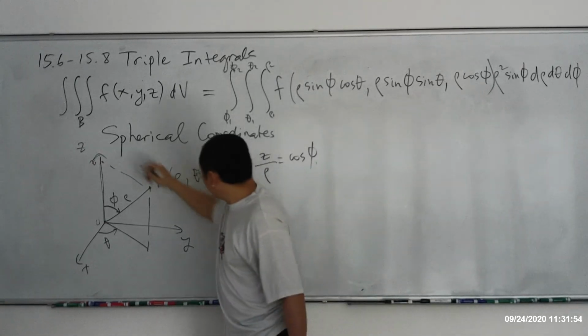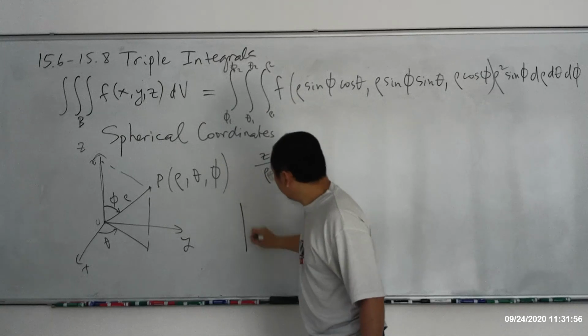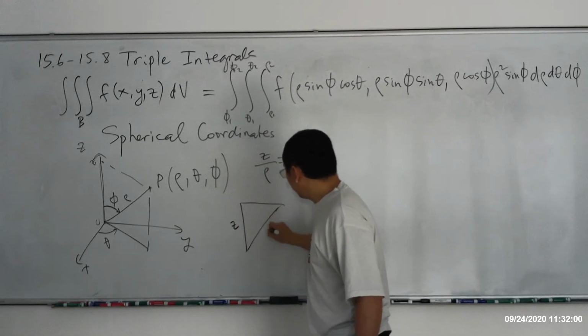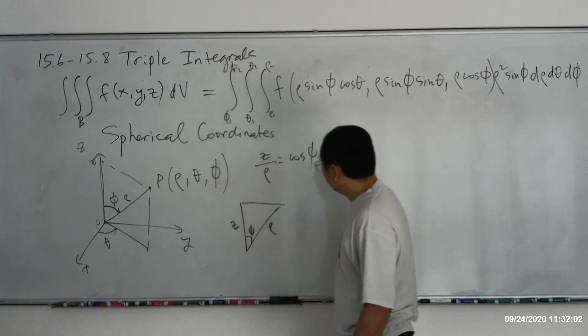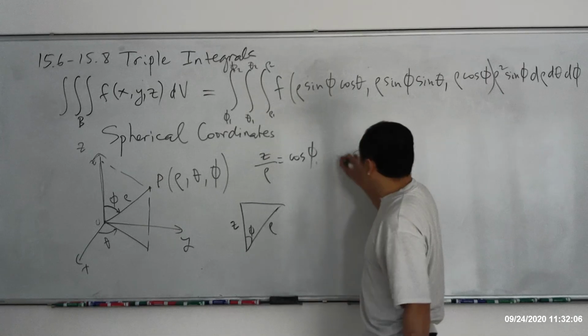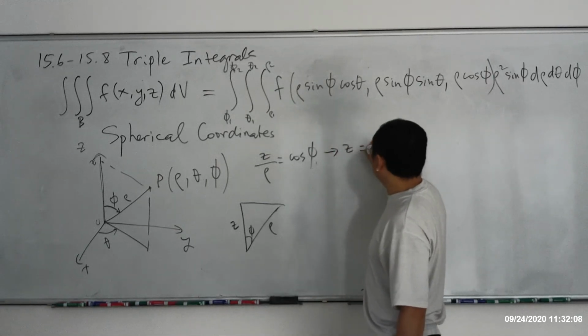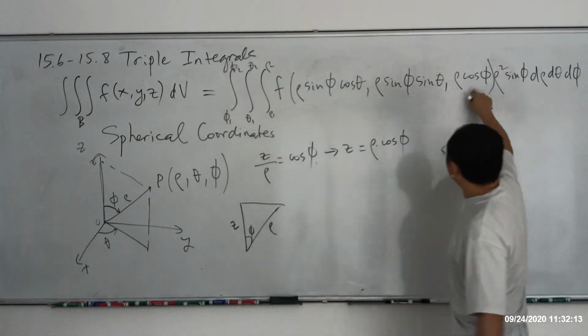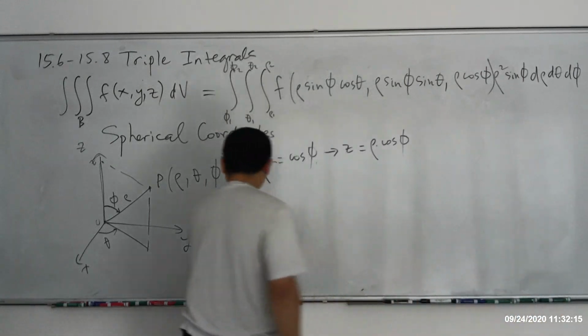Let me draw this triangle down here. This is your z, this is rho, this is the angle phi. So adjacent over hypotenuse is cosine of phi, and you can calculate z equal to rho times cosine phi. This is what we have right here.